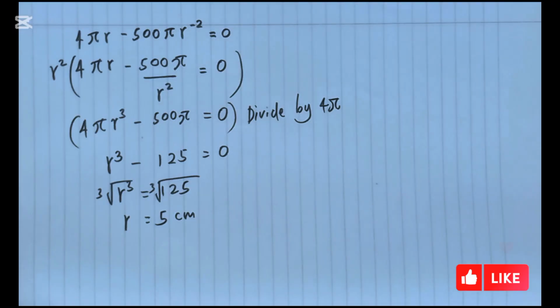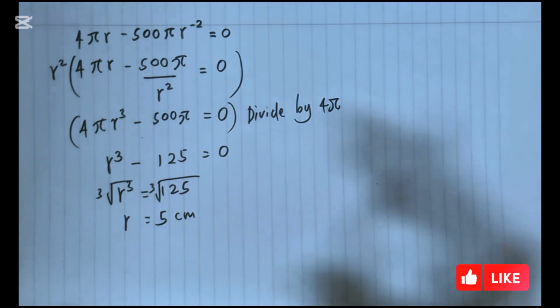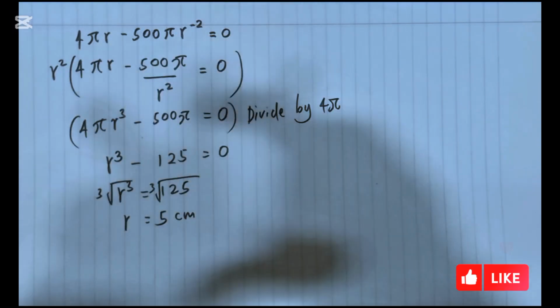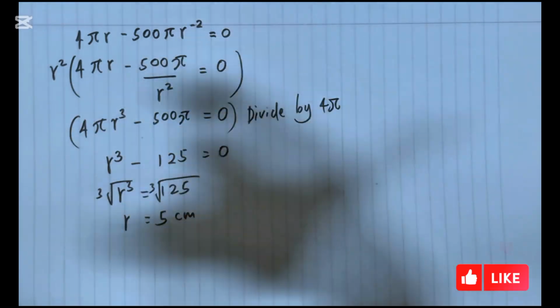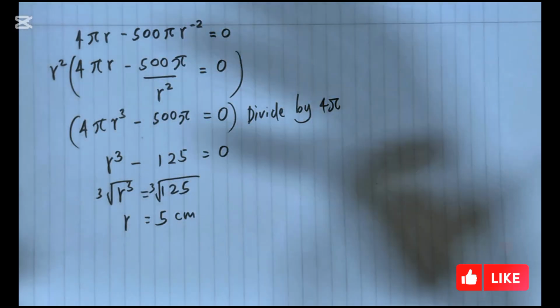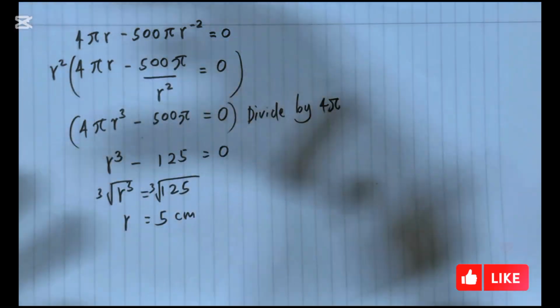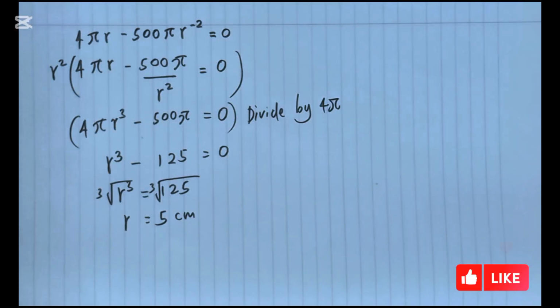And so this answers the question of the radius of the cylindrical tin if it's covered by a minimum metal around its surface area.